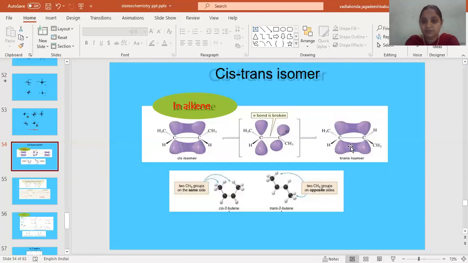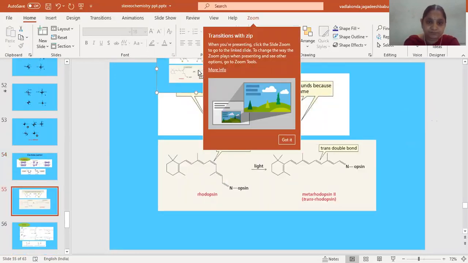And if the similar groups are present on the opposite side of the double bond, then they are considered the trans isomer. And this cis-trans isomerism is possible when we have two similar groups around the carbon-carbon double bond, but this is not possible for all molecules.